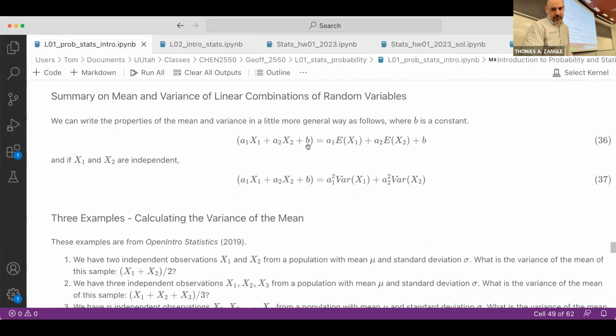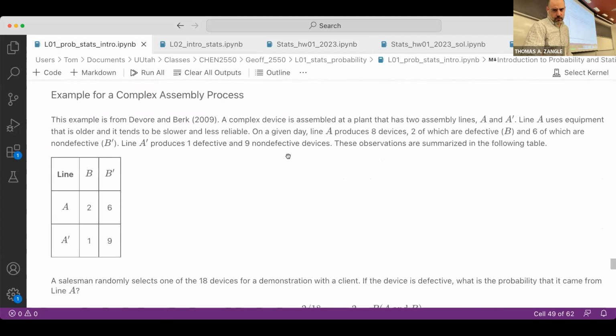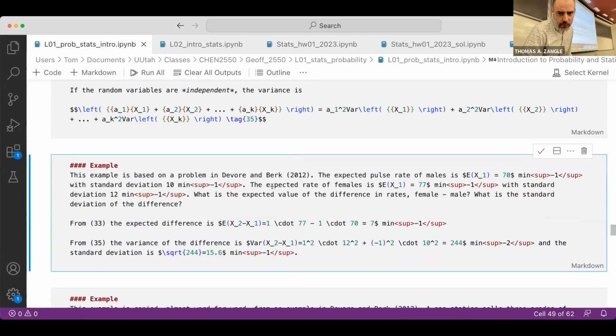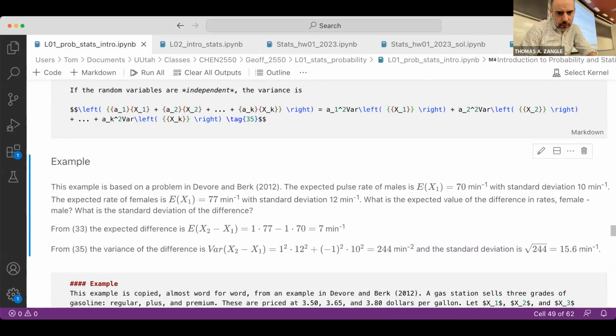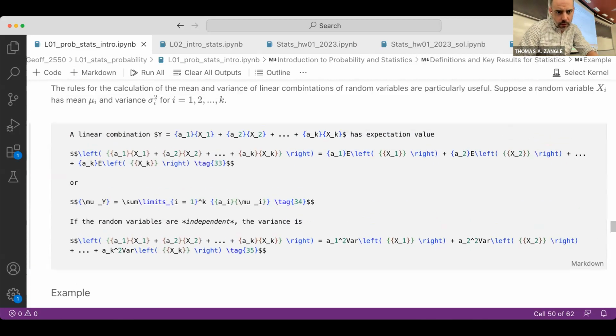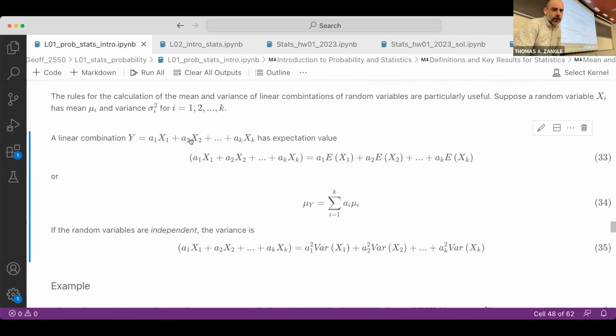So I have the expected value, looking for a cleaner writing of it. Here we go. So we have some linear combination, right? I just wrote that as capital T, but it's capital Y, A1x1 plus A2x2 plus all the way up to AKxk.